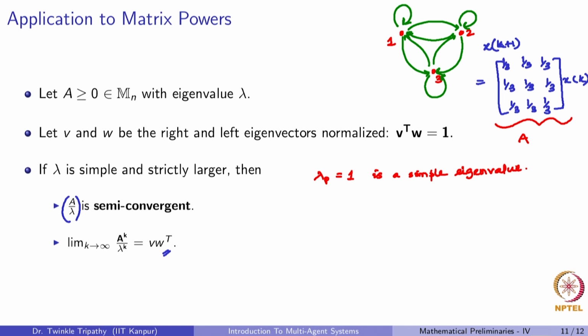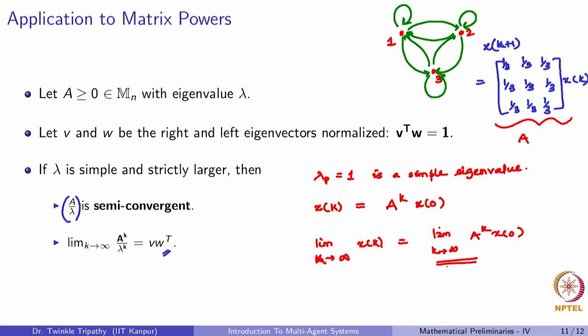In our previous lectures, we saw that the solution for these systems are given by this. And the steady state behavior, the emergent behavior, simply equals to x of 0.